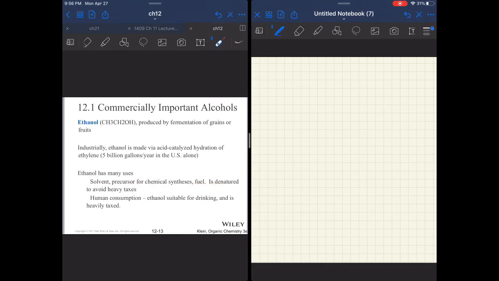Something that is important to know, and I'm not going to test you on this, but it would be irresponsible for me to have students go through organic and not know what denatured ethanol is. Denatured ethanol means that it has an additive to make it toxic.